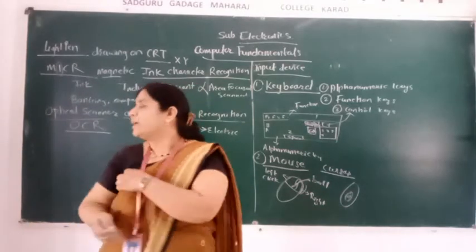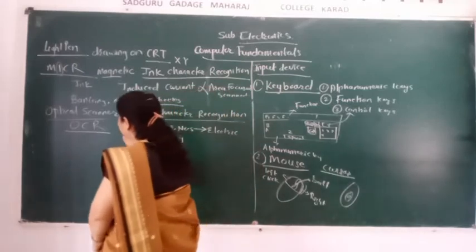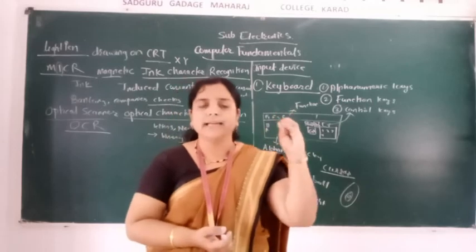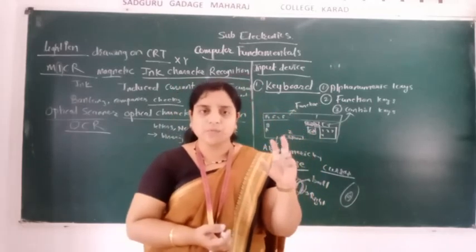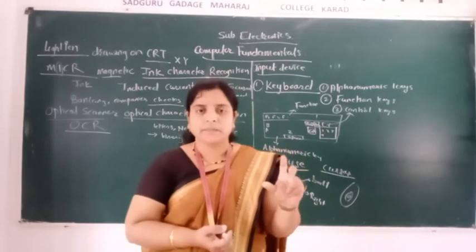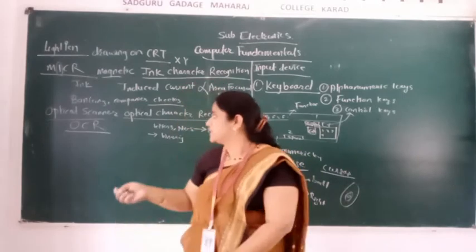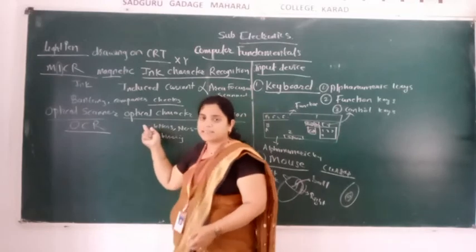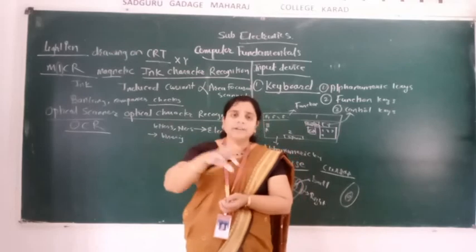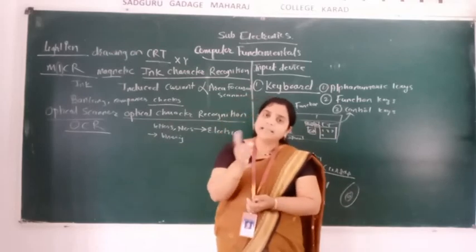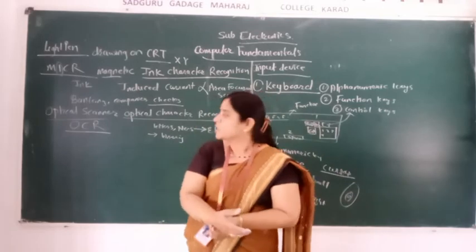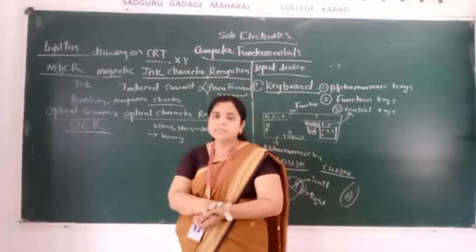In the optical scanner, optics means light. Whatever you give, letters, numbers, it converts into an electrical signal, and that electrical signal is again converted into binary language and given to the computer, because the computer only knows binary language.